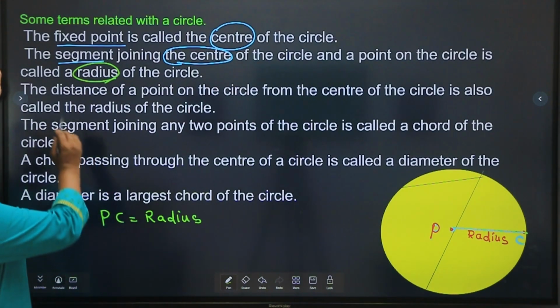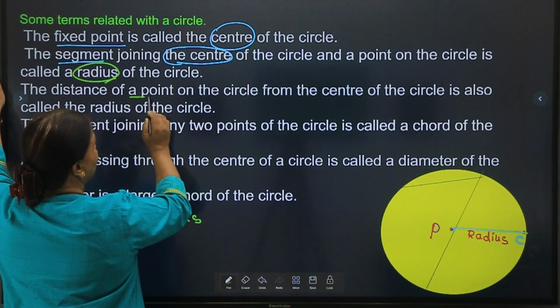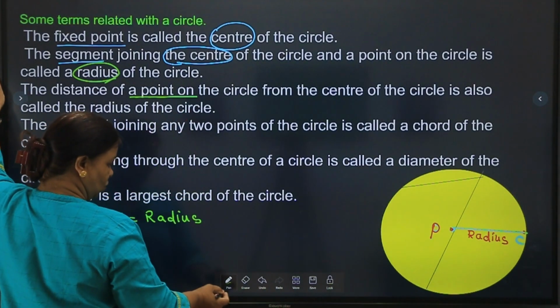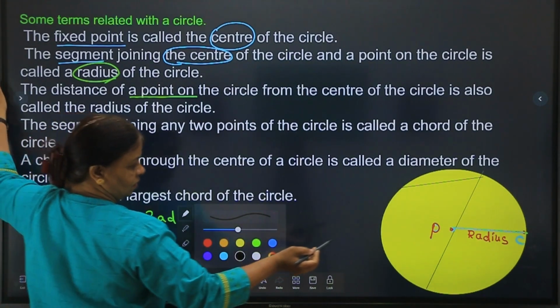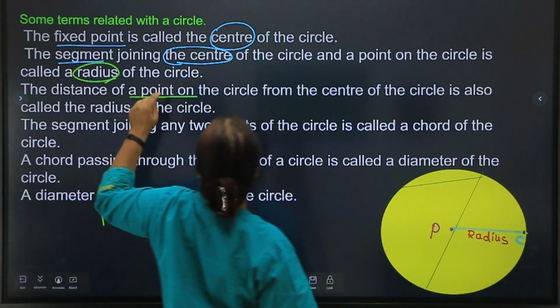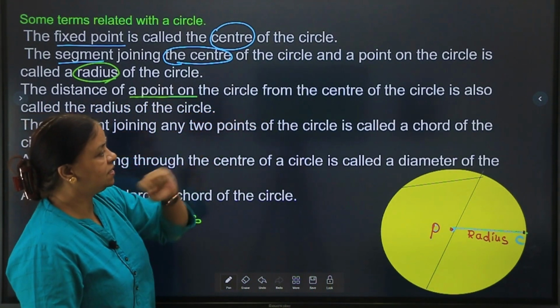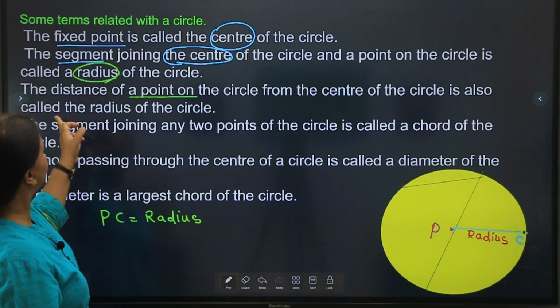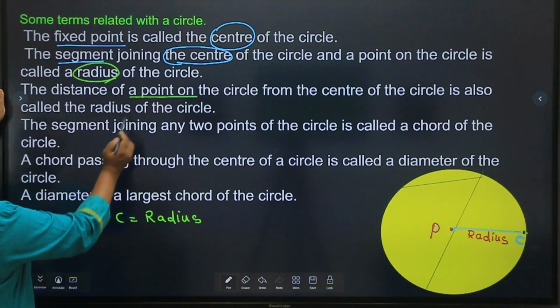Now, the next point is the distance of a point on the circle. Suppose point C is on the circle, okay. The distance of a point on the circle from the center of the circle is also called the radius of the circle, that we have discussed. What is the radius?